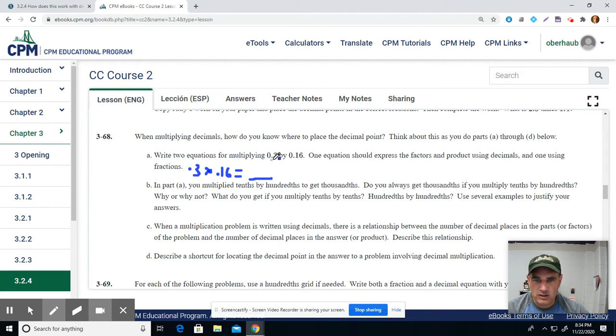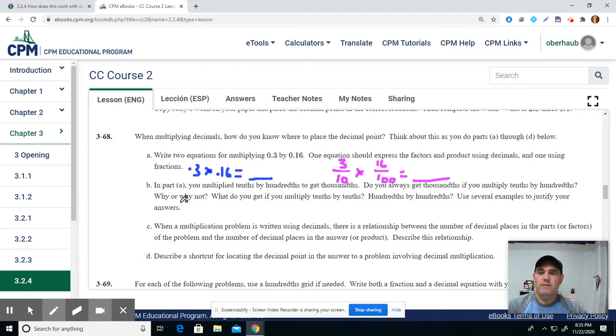Well, as a fraction, this would be 3/10 times 16/100, because it's tenths times hundredths, equals, and then we would do the math and we would get an answer. All right, so there's part A.